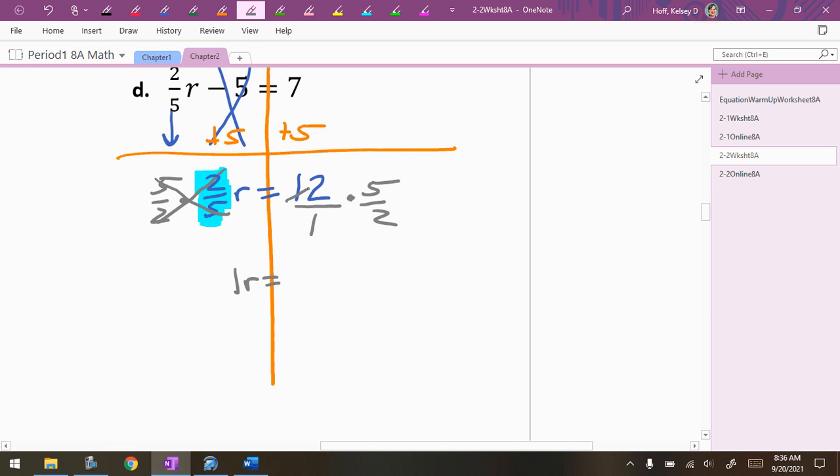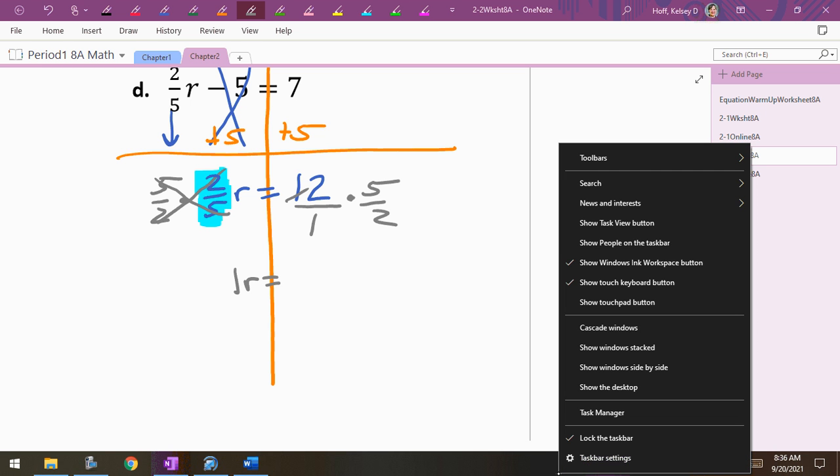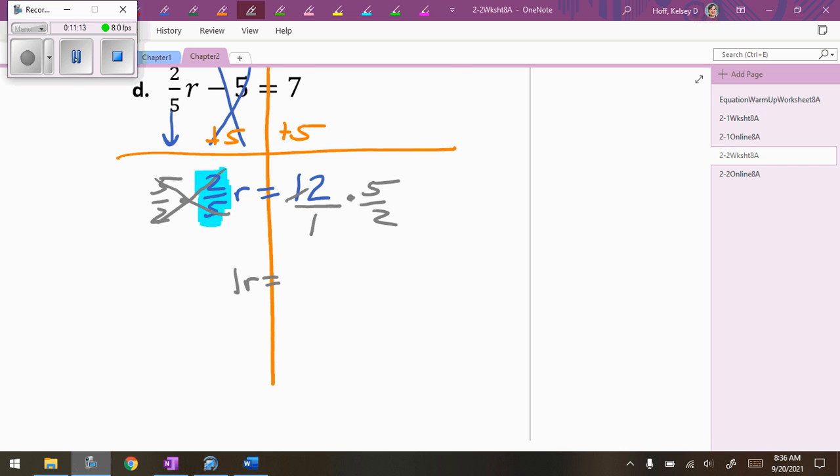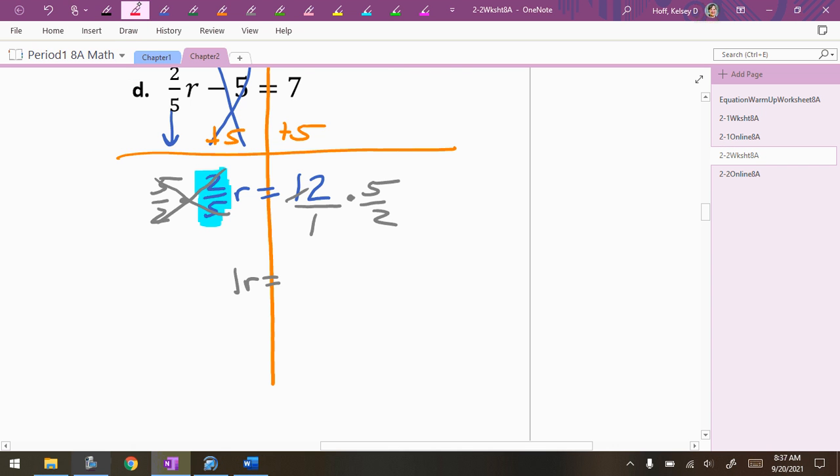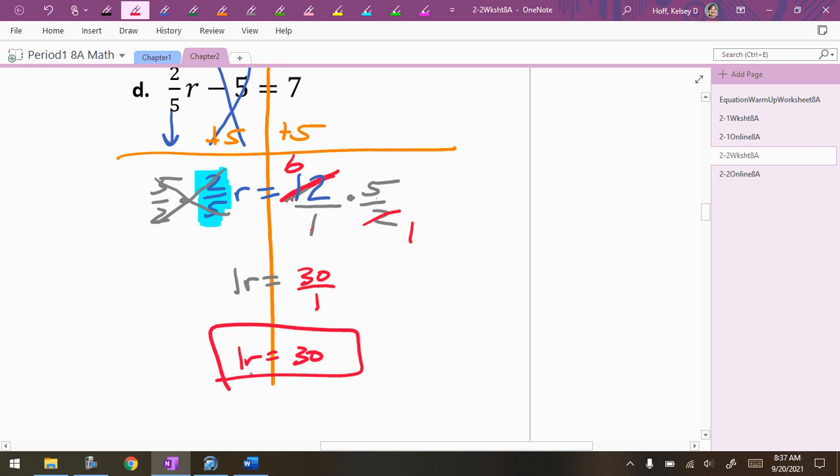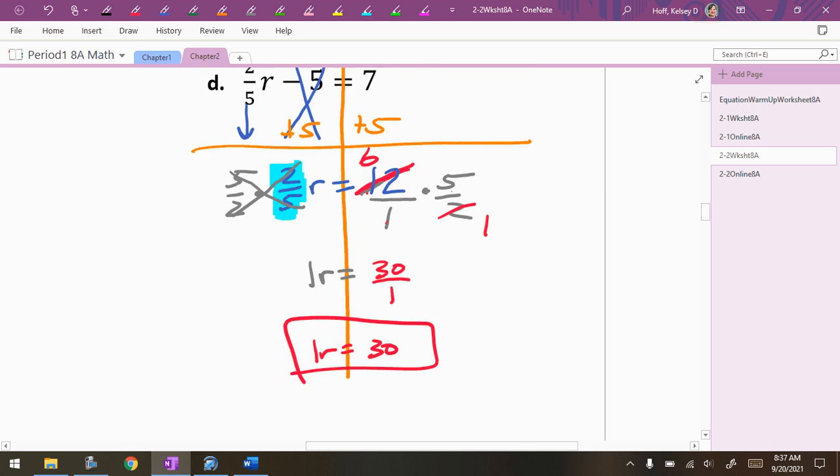What do you get when you multiply? 30 over 1, which really is 30. Wait a second here. All right, you told me 12 becomes a 6, 2 becomes a 1, right? 6 times 5 is 30, 1 times 1 is 1, which you guys told me really is just 30. Okay? All right, let's go to the next example.